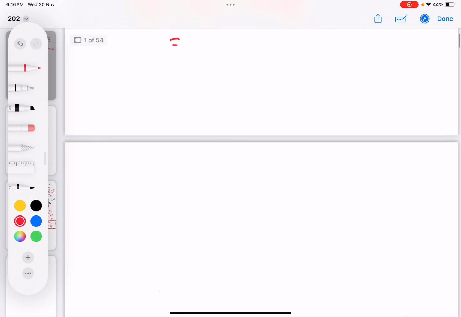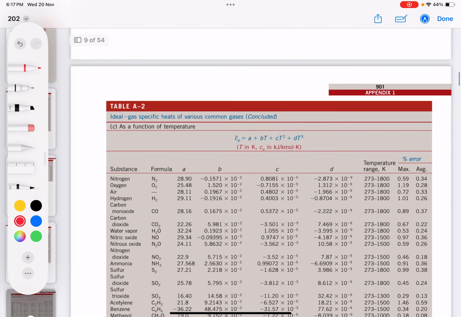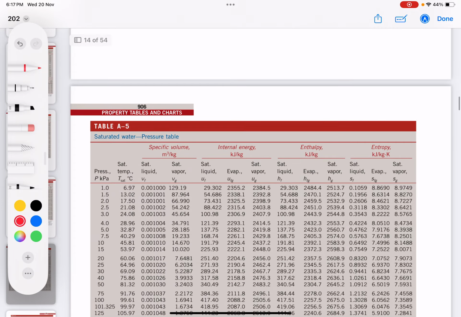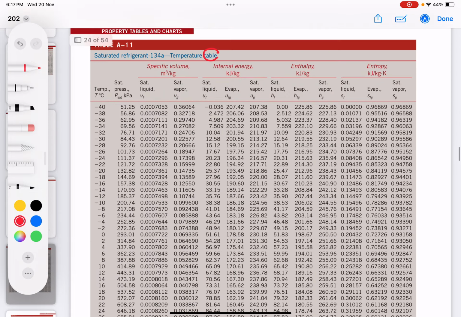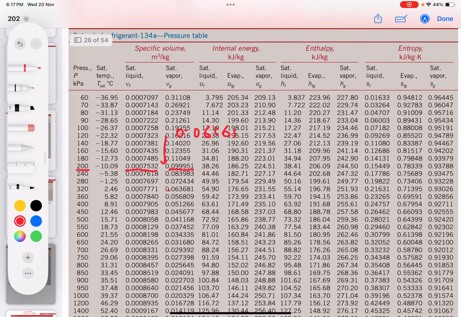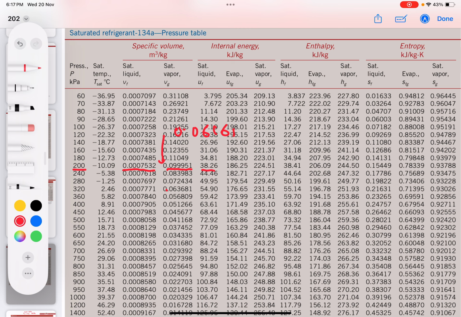Going back to the table, my UF for the saturated liquid equals 38.26, my UG equals 224.51, and UFG equals 186.25. Sometimes, as with specific volume, we don't have the UFG listed, but it's the same formula, meaning UFG is just the mixture.